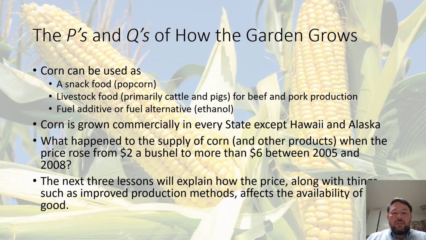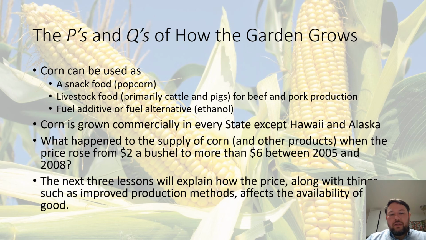Farmers also turn to science and technology, to what we talked about as capital, right? New tools and methods of growing corn: new varieties of seed, hardier seed, fertilizers, and insecticides. More of these are used as well to increase the supply of corn that farmers are providing to the market.